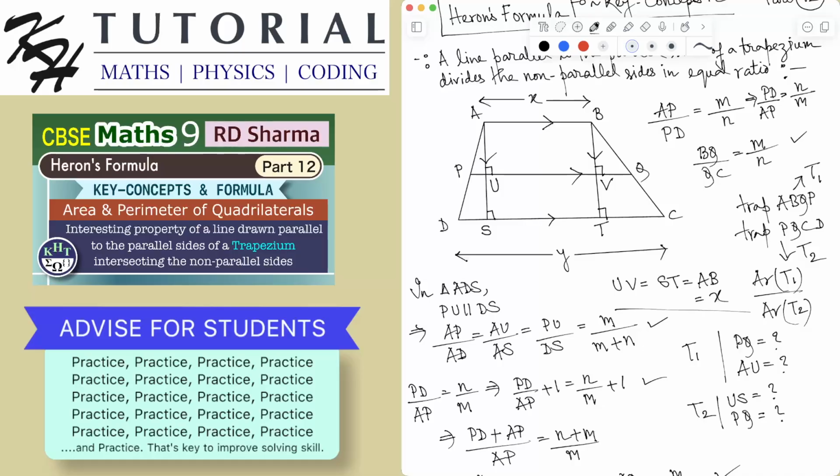Clearly, the ratio is the ratio of the altitude of the trapezium T1 and the original trapezium, that is AS.